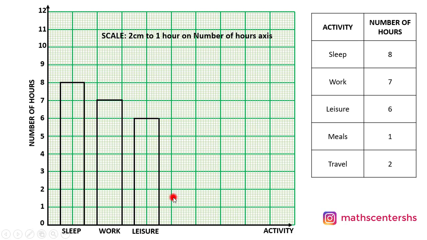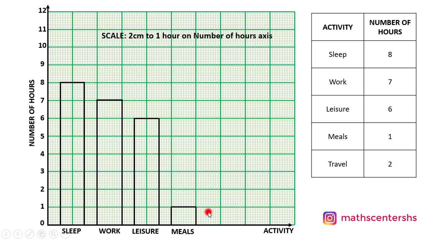We will leave 5 minor divisions, then draw a vertical line from 0 up to 1 because the number of hours or the frequency for meals is 1. Then we will leave 10 minor divisions. You draw another vertical line here, close it up, and this will be the bar for meals. Then the last one is on travel, and the number of hours or the frequency is 2.